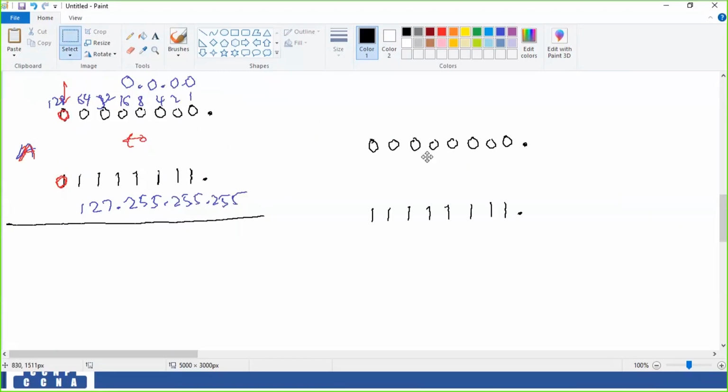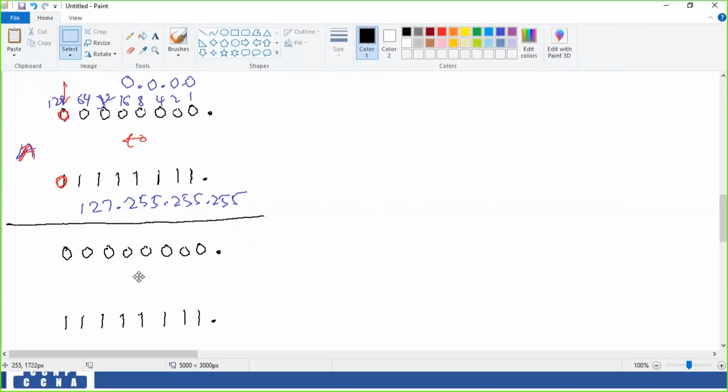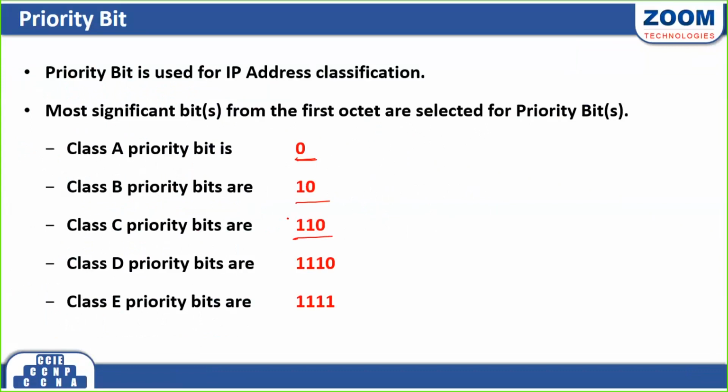So let us take Class B. I just used the least and highest numbers for the first octet. For Class B, how many bits are reserved? 2 bits. So the first 2 bits should be 1 0.